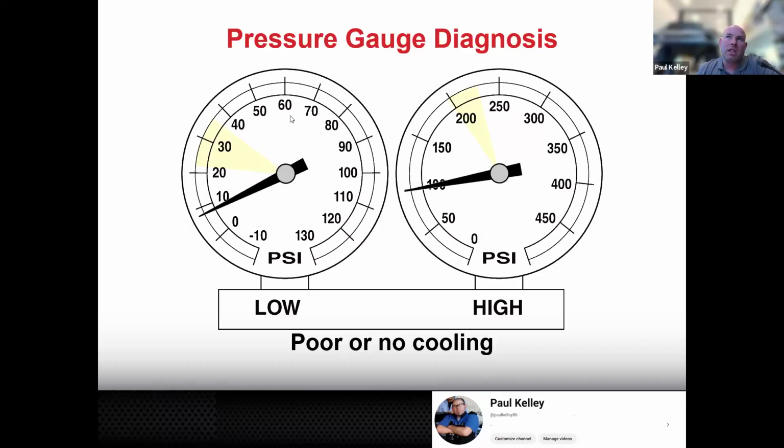If you have 90 PSI and 90 PSI and your compressor's weak, how the heck did this get so low? If your compressor's weak, it'll be closer to 90, 90, maybe 100 on the high and 80 on the low, right? Your compressor pushes the high, high, but it also draws the low, low.